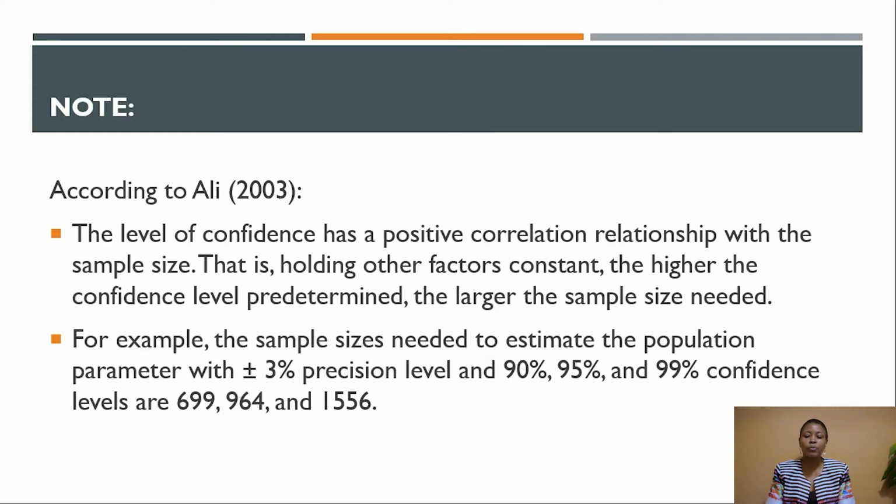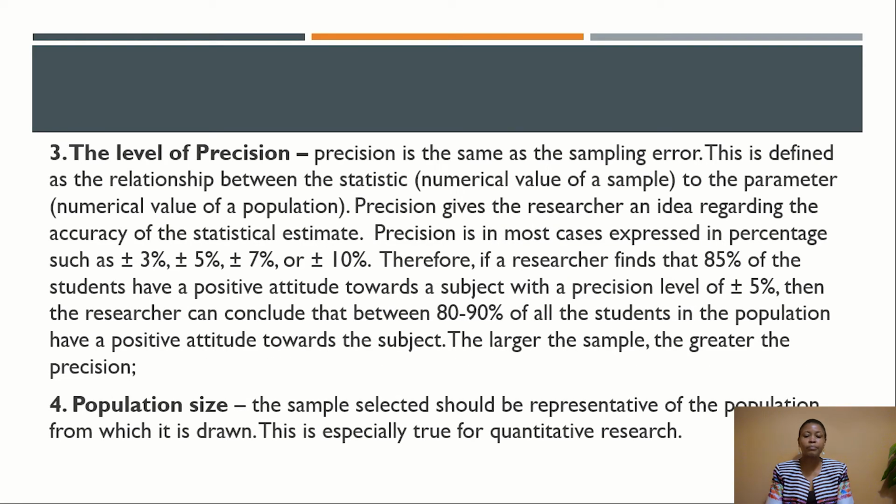For example, the sample sizes that are needed when the confidence level is 90%, 95%, and 99% at plus or minus 3% precision level is 699, 964, and 1556 respectively. So you can see that the higher the confidence level, the higher the sample size is needed.